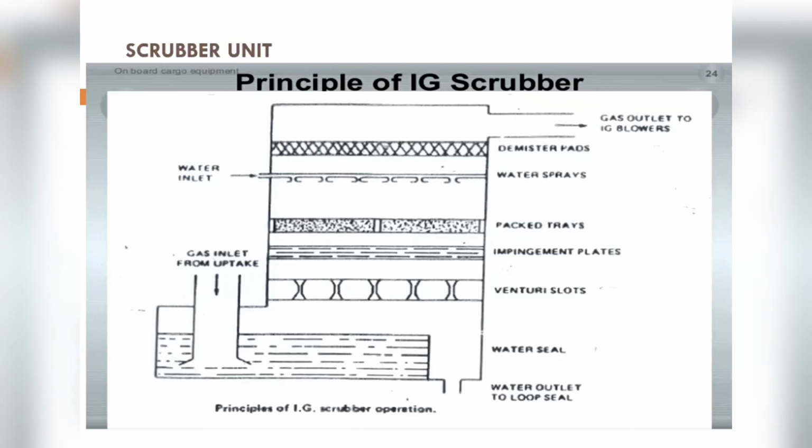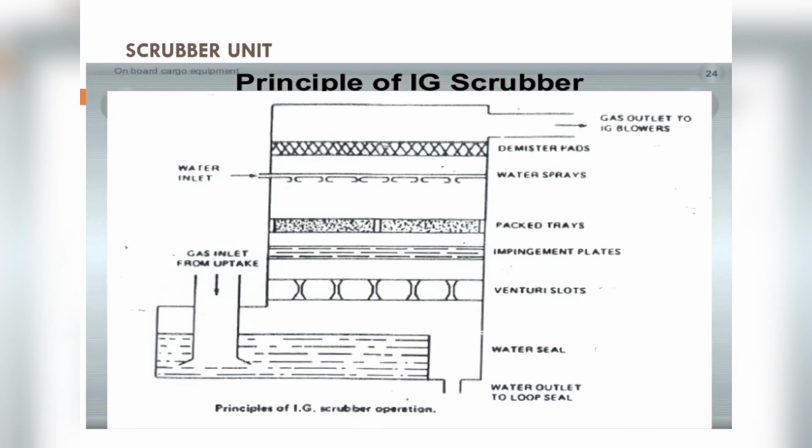That's why a good amount of seawater is required for cooling purposes. Certain pressure as described in the IG manual must be maintained for proper cooling. So the temperature comes down to more or less 5 to 6 degrees more than the seawater temperature, very close to seawater temperature.